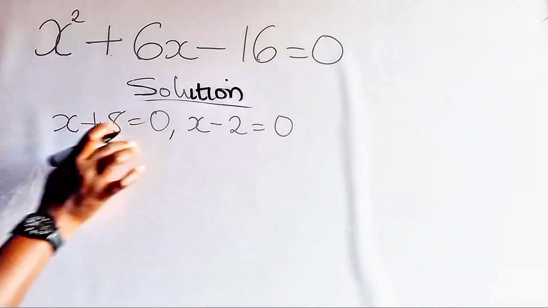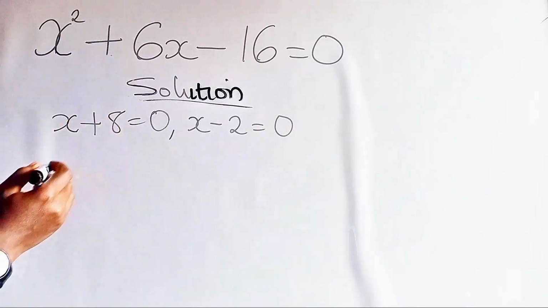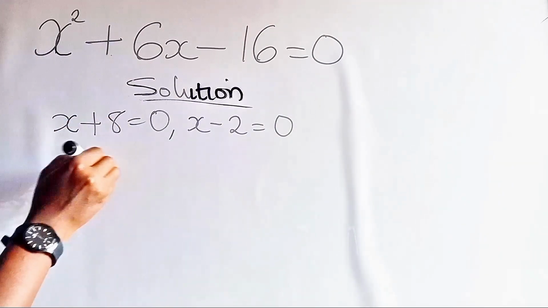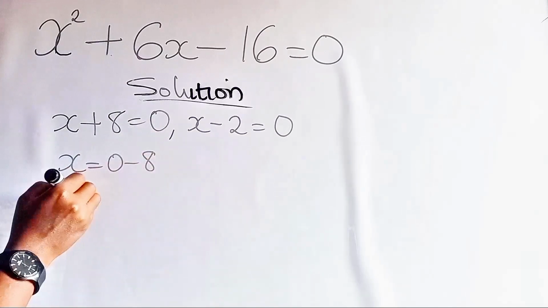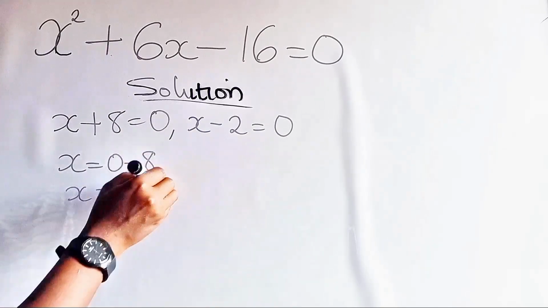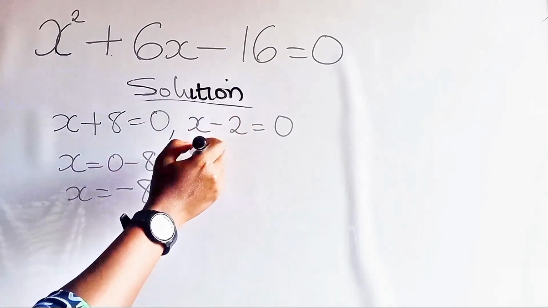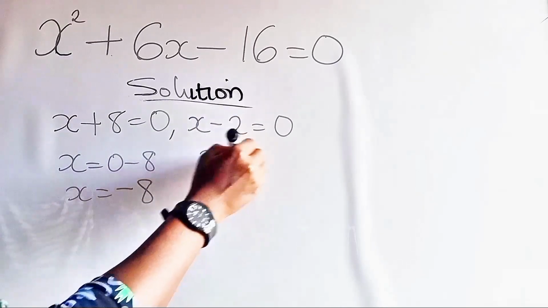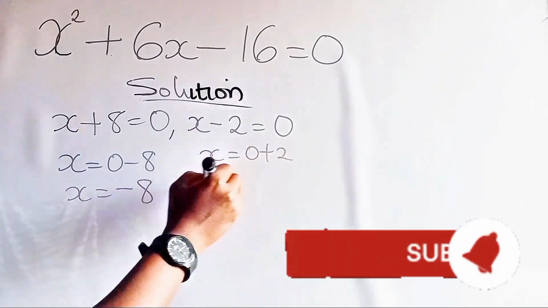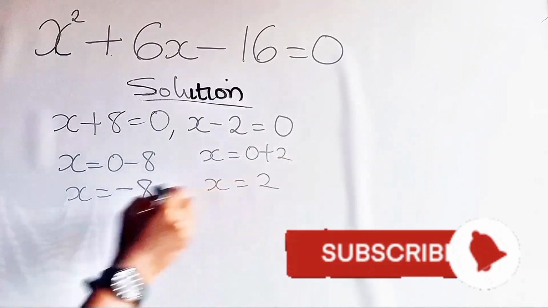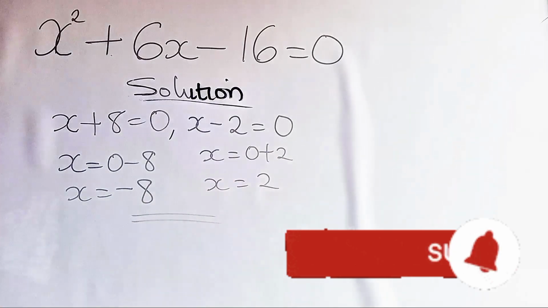So if I subtract 8 from both sides, I have x equals 0 minus 8, and that gives me x equals minus 8. If I add 2 to both sides, I have x equals 0 plus 2 and x equals 2, and this gives us our final answer.